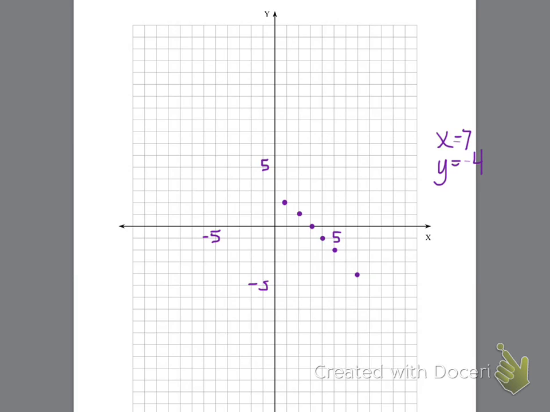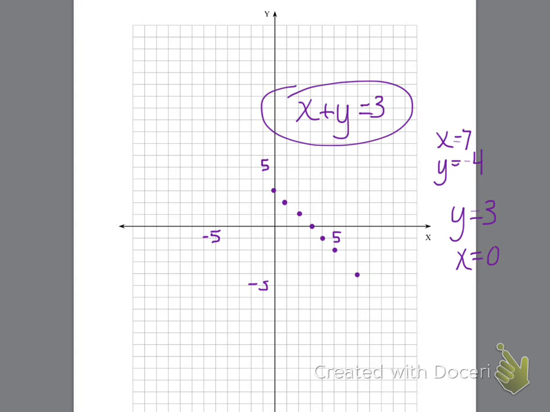And what if we picked y equal to 3? Then x would have to be equal to 0 so that they'd add up to 3. So we have another point here. You may have had more. These all fit the equation x plus y equals 3.